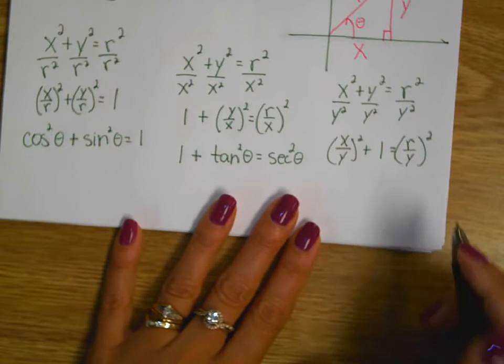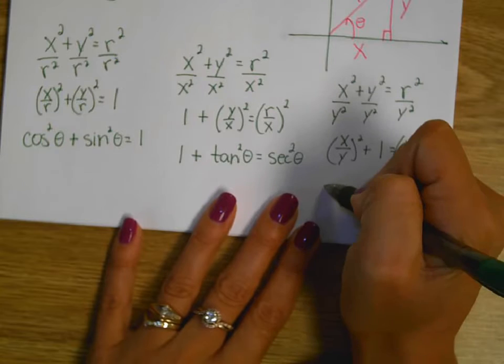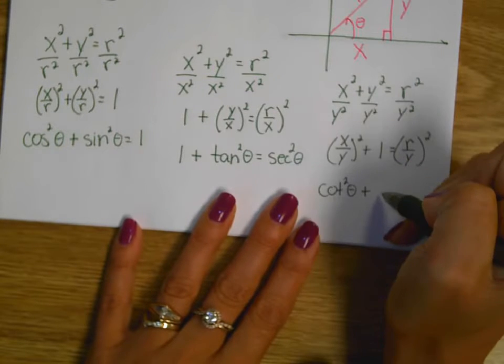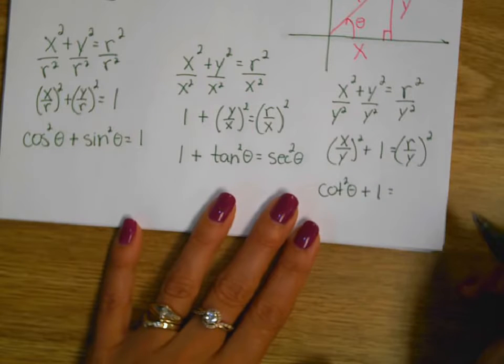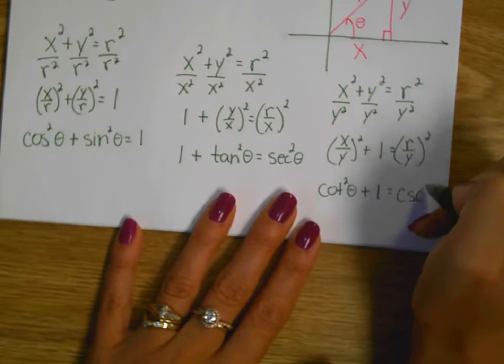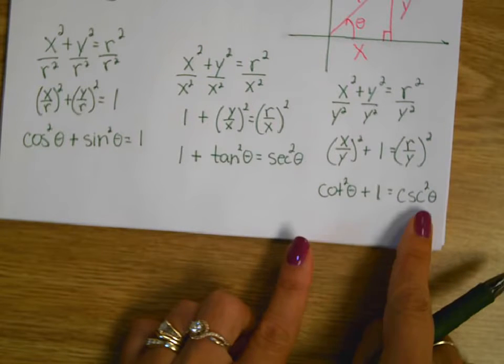So now, which function is x over y? Cotangent. So we've got cotangent squared plus 1. And which one is r over y? I got to think y over r is sine, cosecant. Okay. Now if I know one of these, I can find the other one.